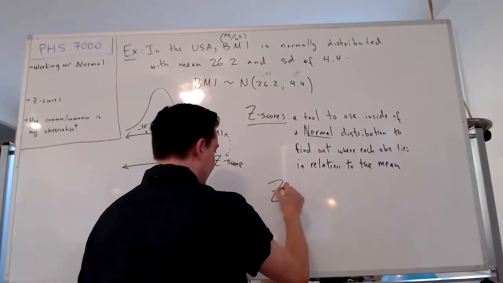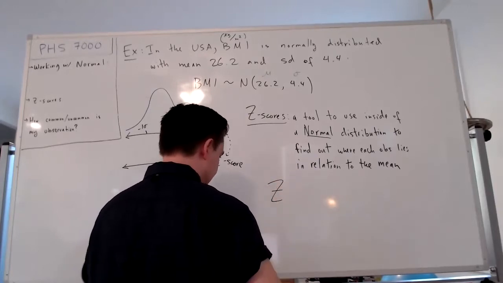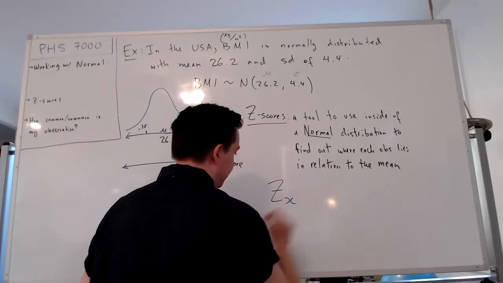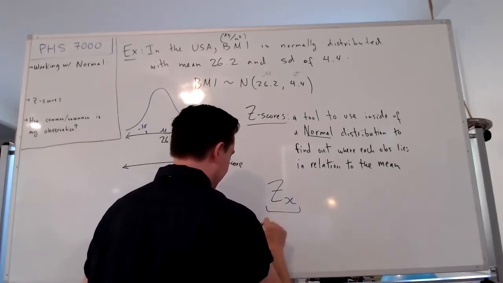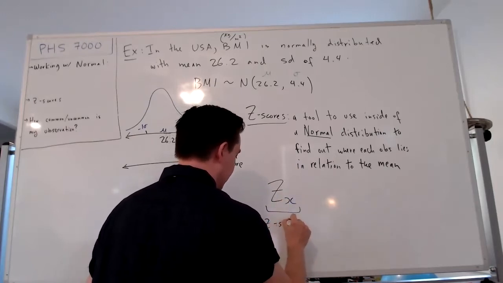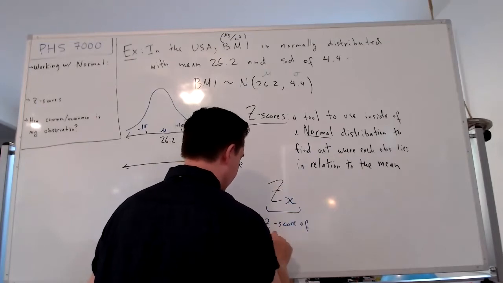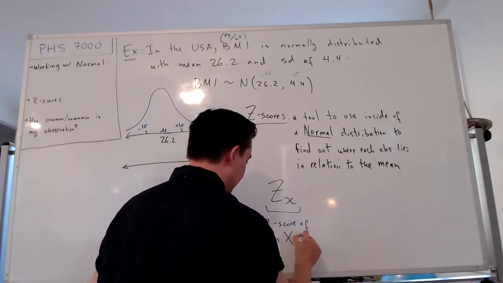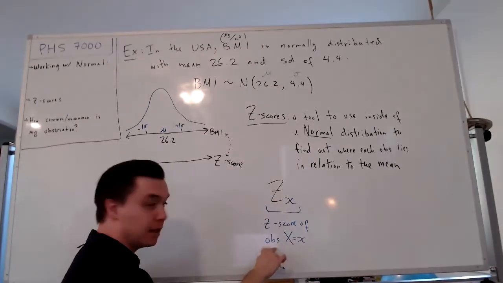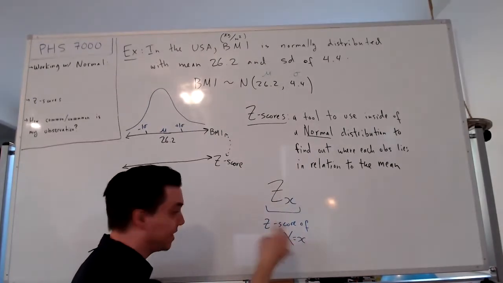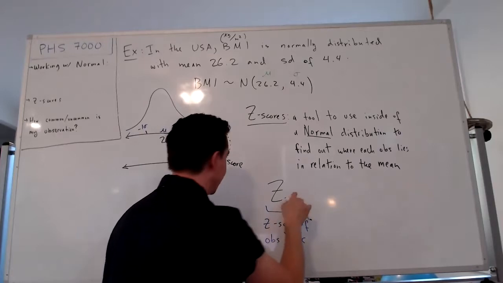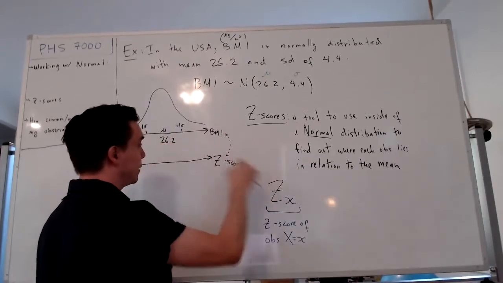This is going to be a Z-score of some observation where our variable is some value, right? So little x is a value of our variable.